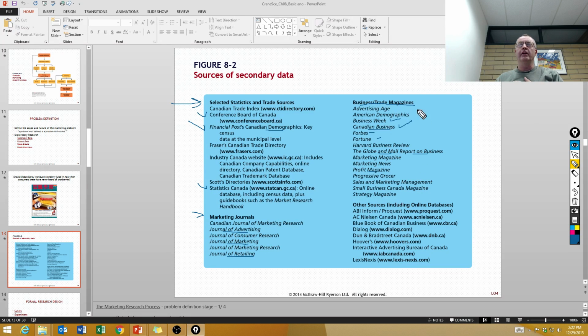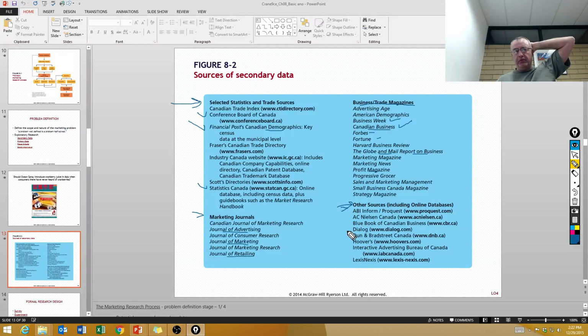They might have published some articles that are of interest to us, or there might be some other private sources of information. There's any number of companies whose job it is to go out and collect information about various markets, and then they sell that information to clients.